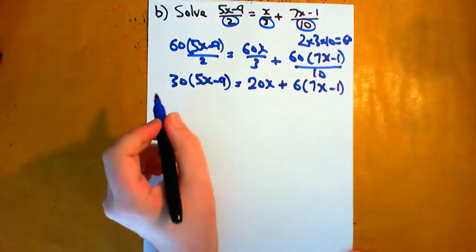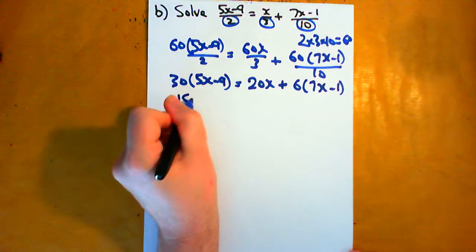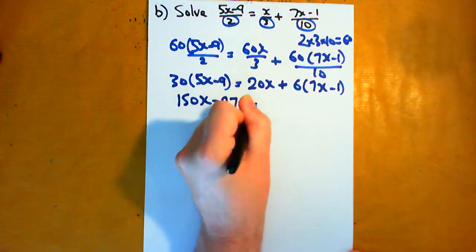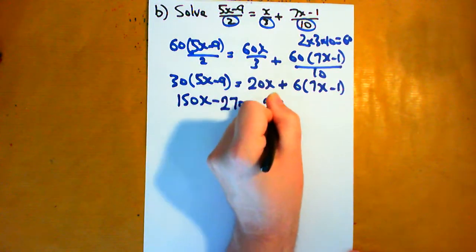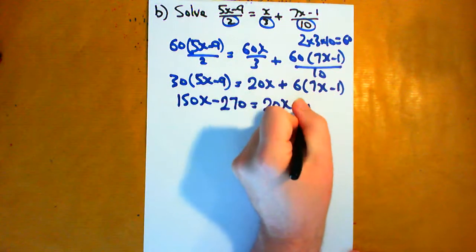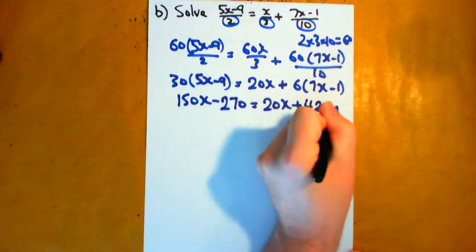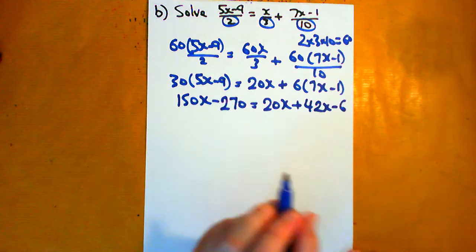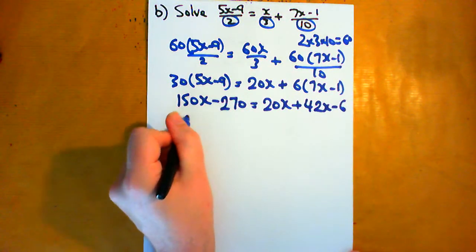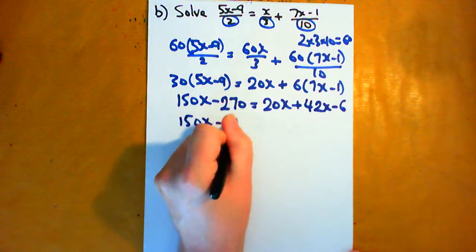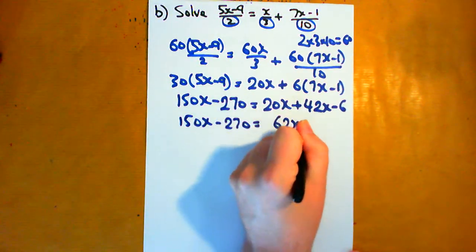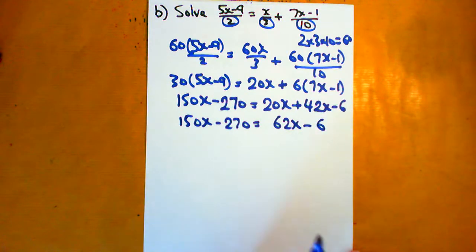So we'll multiply that 30 into the bracket, so 30 times 5 is 150x minus 270 equals 20x plus 6 times 7x minus 1, which is 42x minus 6. I want to combine these two terms to begin with, so we get 150x minus 270 equals, that's 62x minus 6.